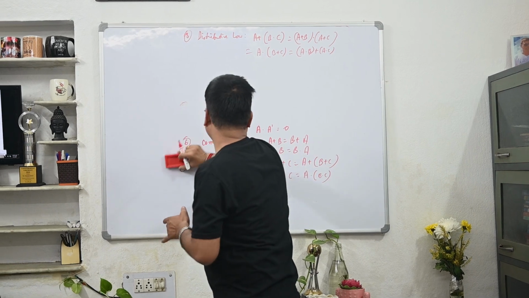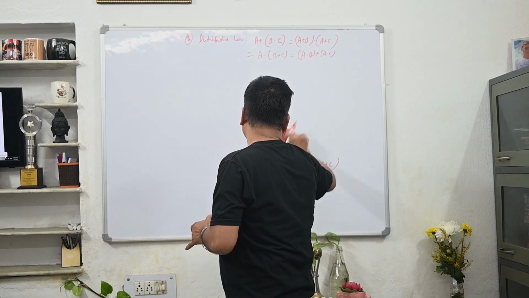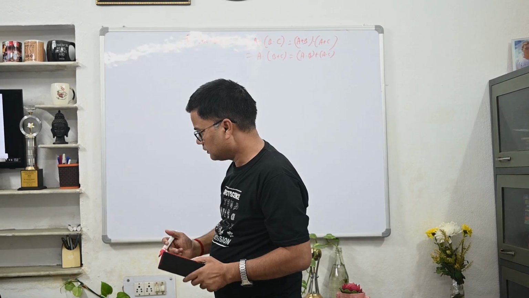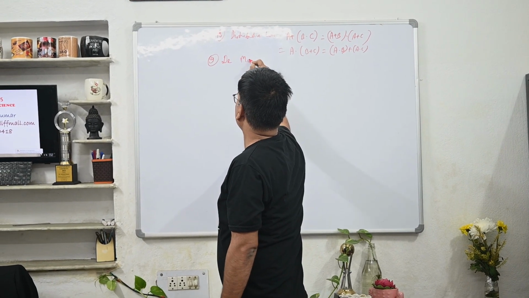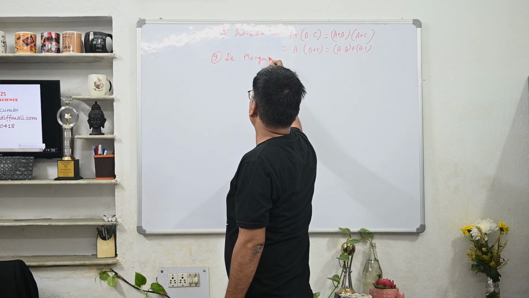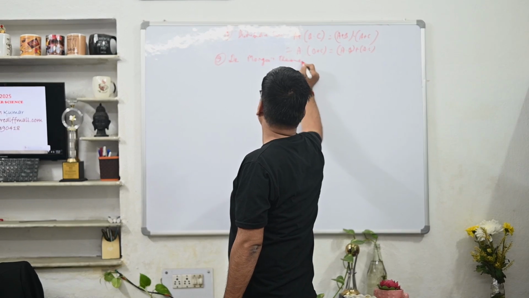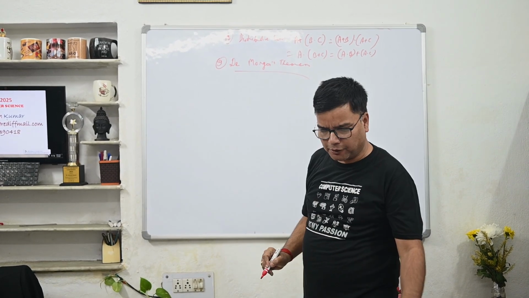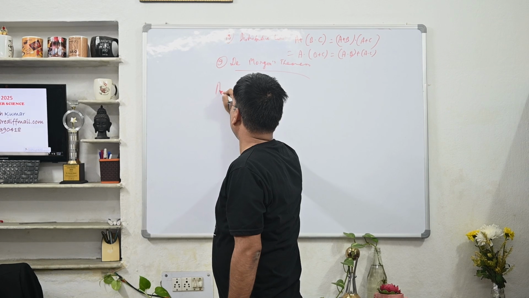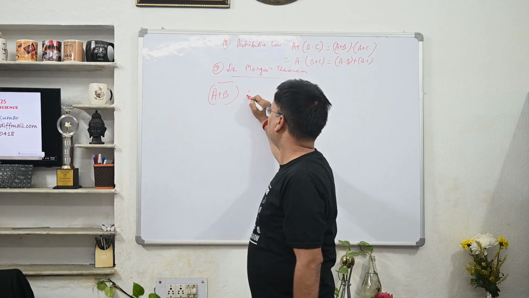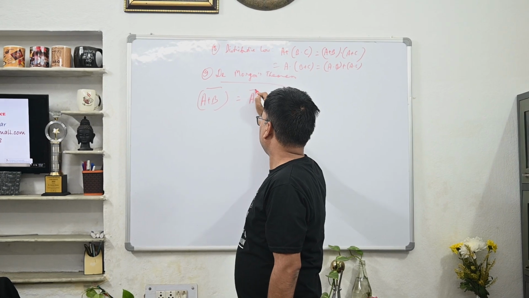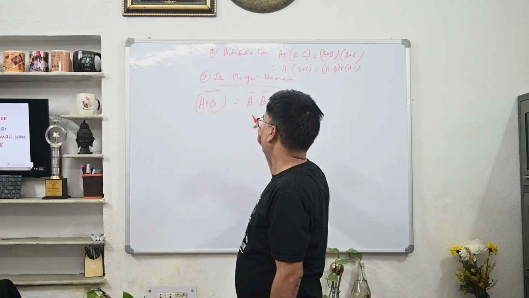Next let us talk about a theorem, that is De Morgan's theorem. De Morgan's theorem states that if we take the complement, like A plus B bar, this is equal to A bar dot B bar.